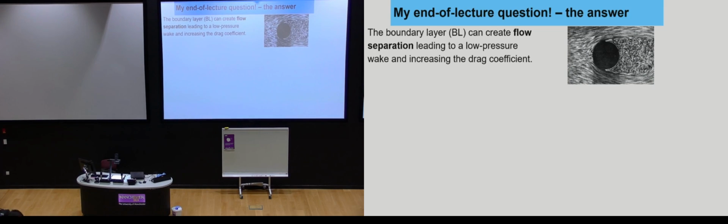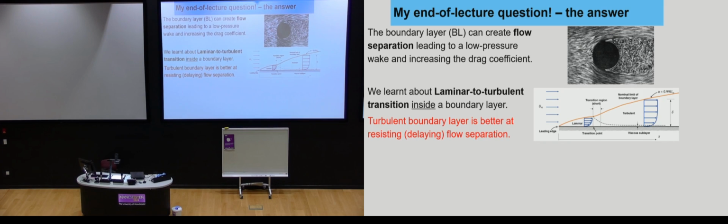Well, first, let's just remind ourselves of some of that physics that we covered. So the boundary layer, that flow region right next to the surface, can create flow separation. So we met this case where we've got flow separation past a cylinder, and you've got this low pressure region behind, and this increases the drag.